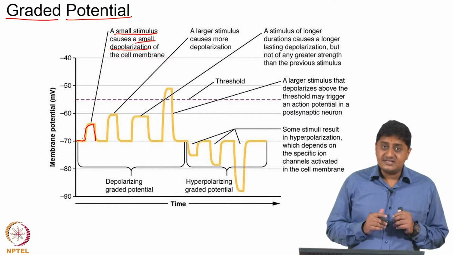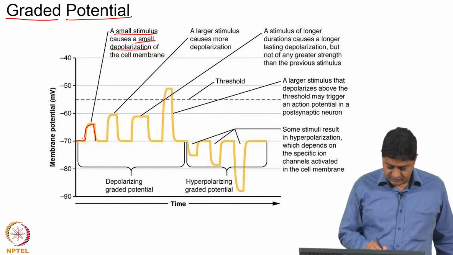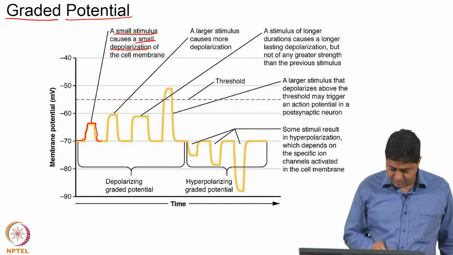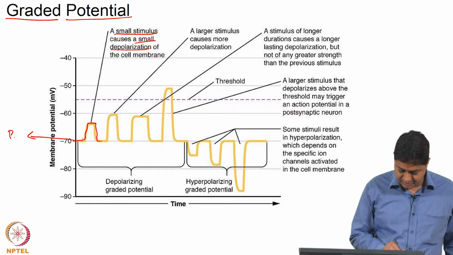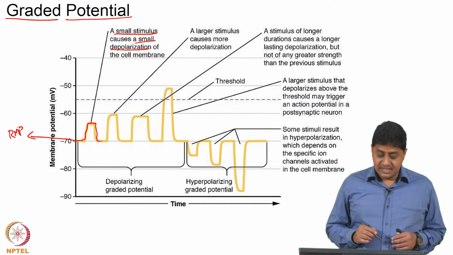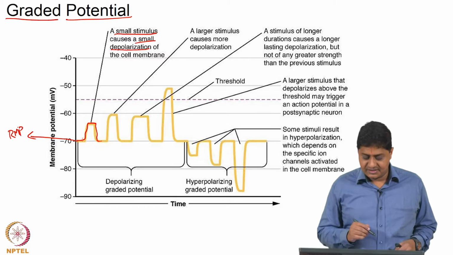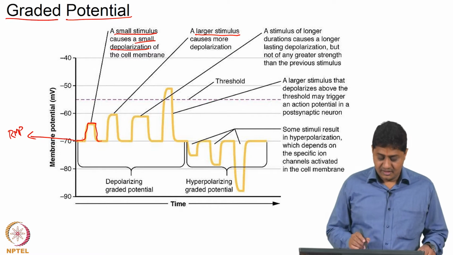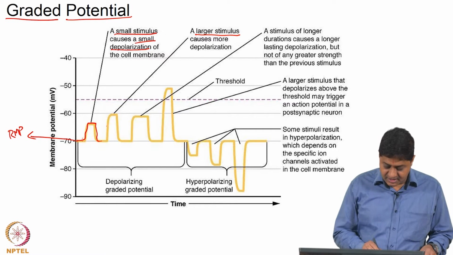Now, let us say that the stimulus is removed. When that stimulus is removed, the membrane potential goes back to the resting membrane potential. Note that that is the resting membrane potential. Now, let us say that the stimulus amplitude is increased. In other words, there is a larger stimulus. This would essentially cause a larger response.